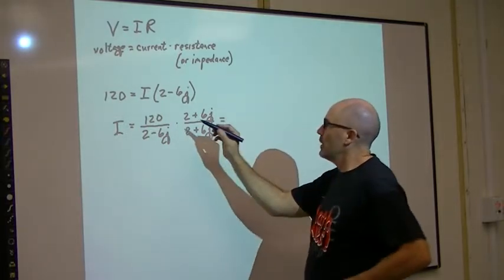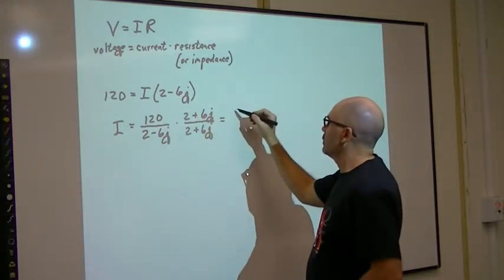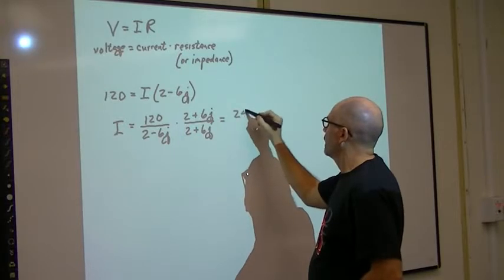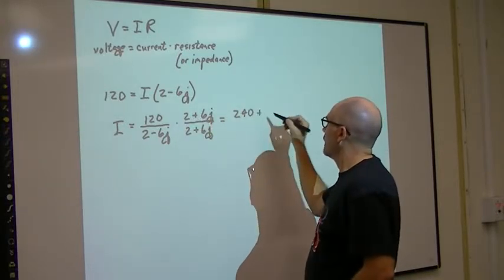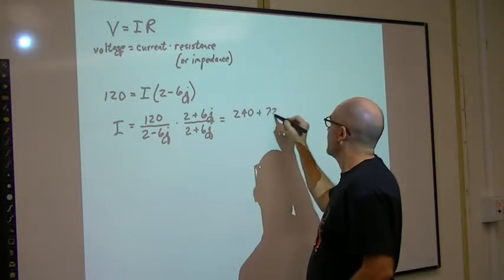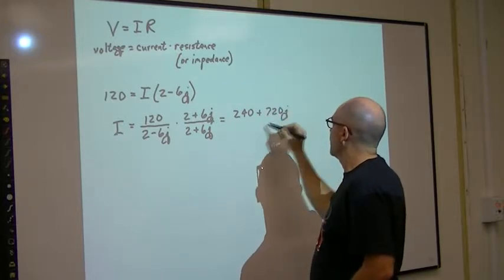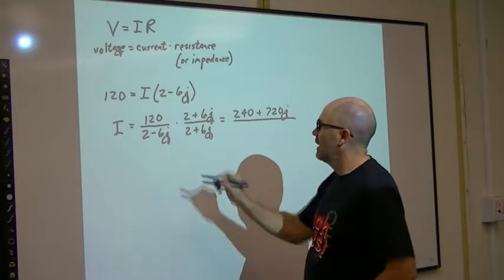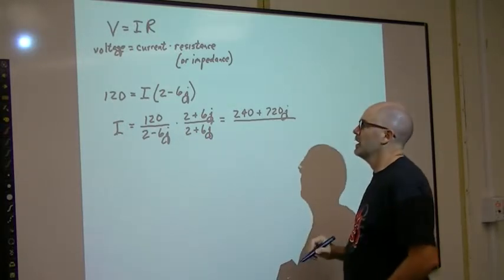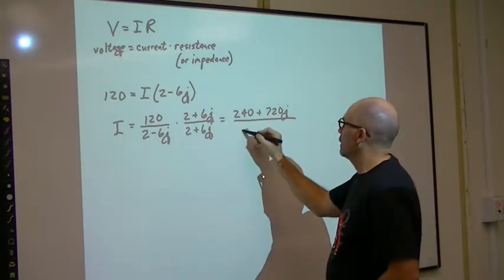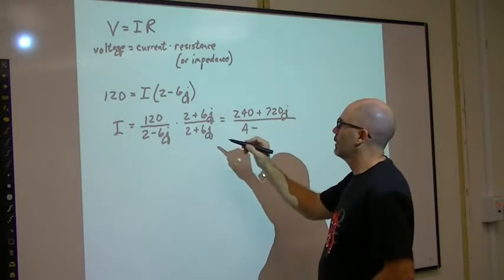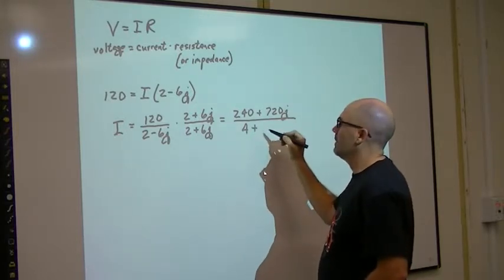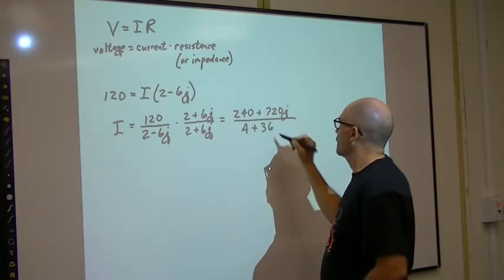So we're going to end up with 120 times 2, which is 240, plus 6 times 120, which is 720, J, all over A plus B times A minus B, which is A squared minus B squared, which is actually going to be plus 36.